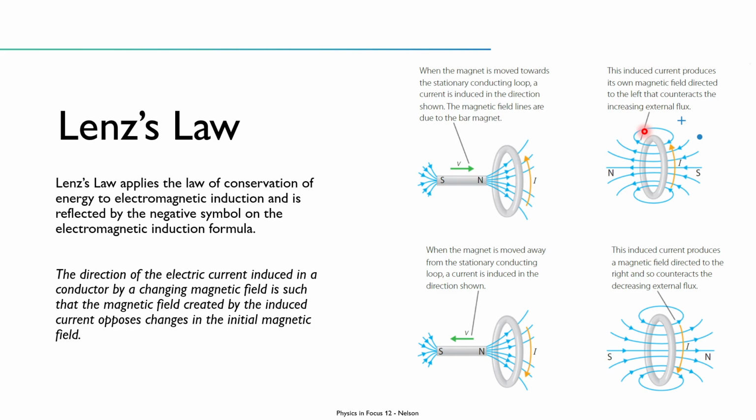And this opposing magnetic field is really important to the law of conservation of energy because if the current were to go in the other direction and the magnetic field generated by the induced current went in the opposite direction, from left to right, essentially you would be generating a magnetic field which would only be supporting the original motion and would actually help to pull the magnet through.